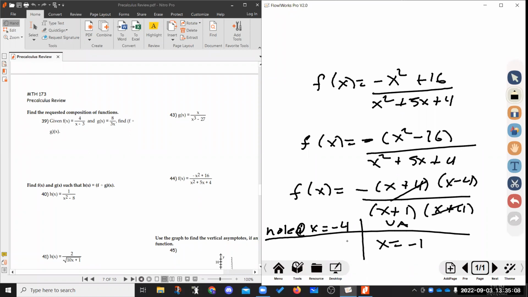Now at x equals -4, if we would stick that in, we're going to get -8 over -3. So there's a hole at -4 and then +8/3. For the negative divided by a negative is a positive.